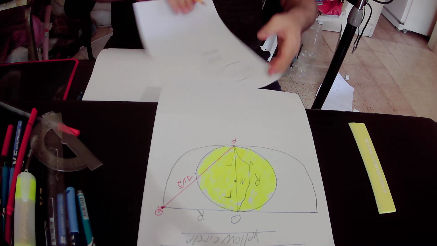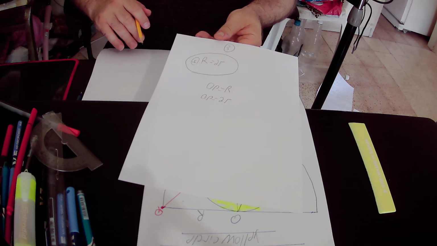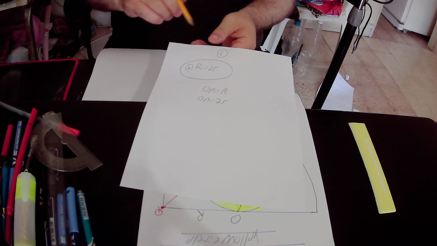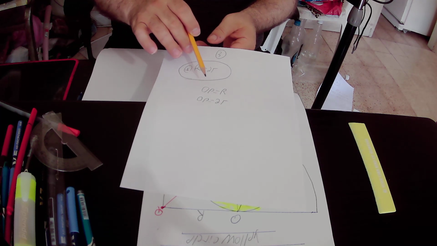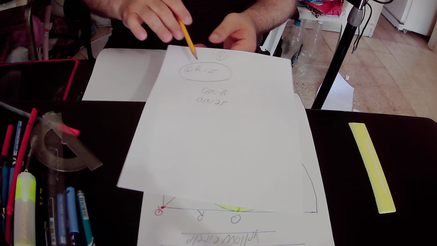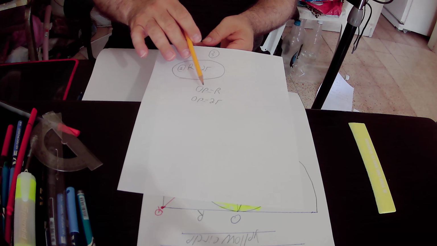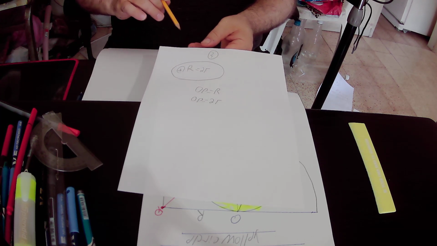Okay, so from one side we have OP that equals R. From the other side we have OP that equals 2 times small r.